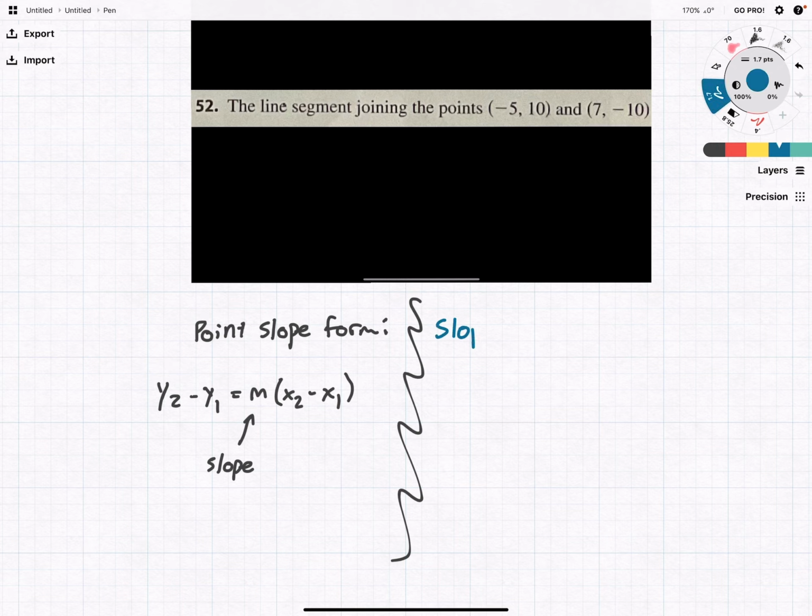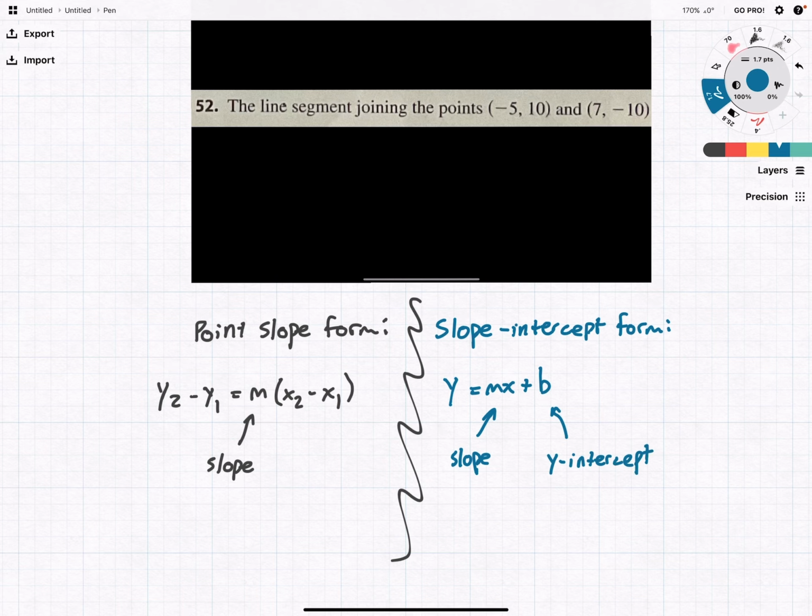For slope-intercept form, that's going to look like our standard y equals mx plus b, again where m is the slope and b is our y-intercept.